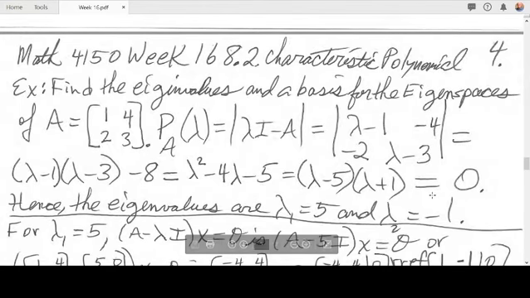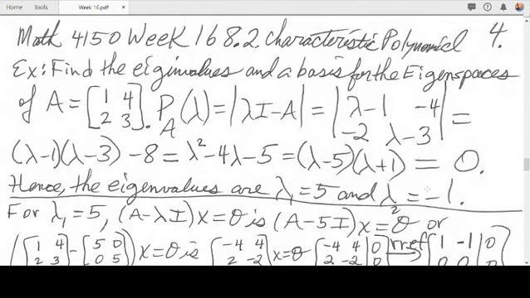Here's an example of finding the eigenvalues and a basis for the eigenspace for a 2 by 2 matrix. Suppose we have the 2 by 2 matrix whose entries are 1, 4, 2, 3.